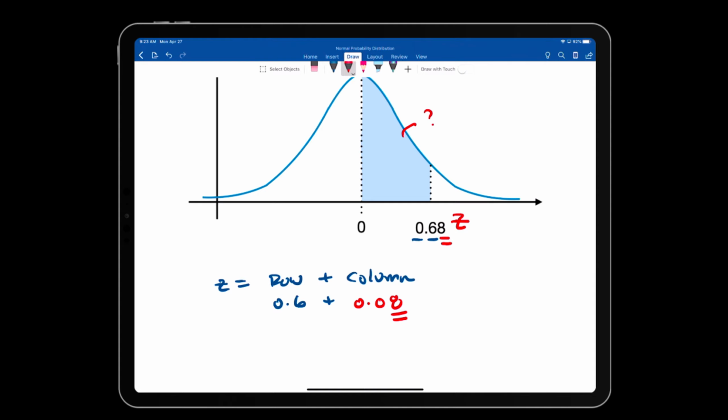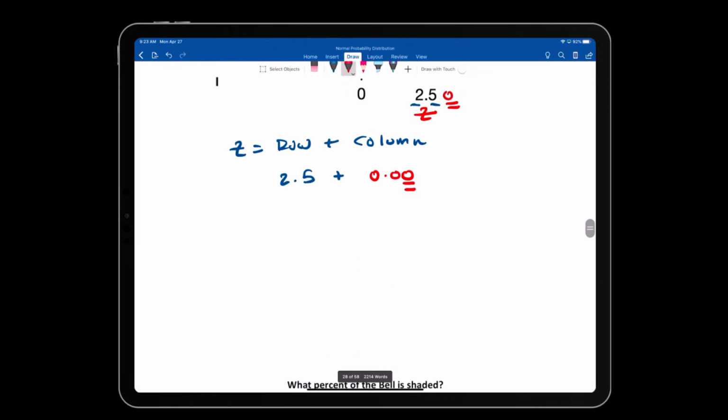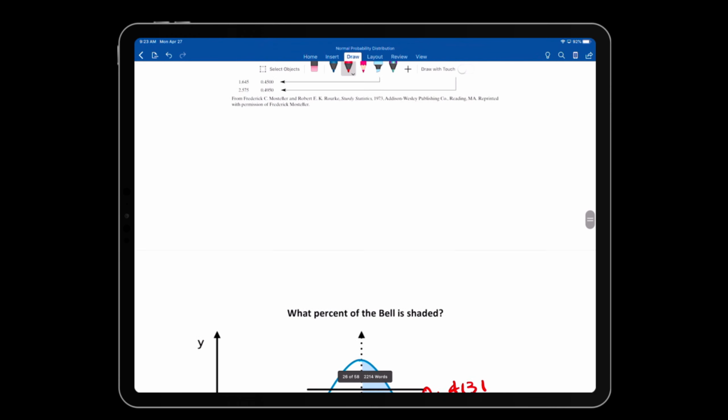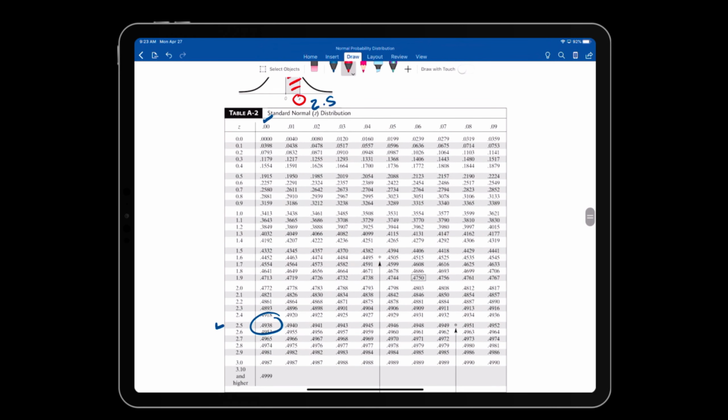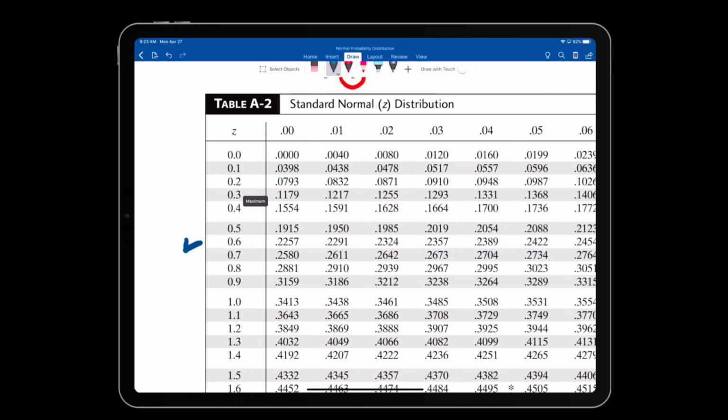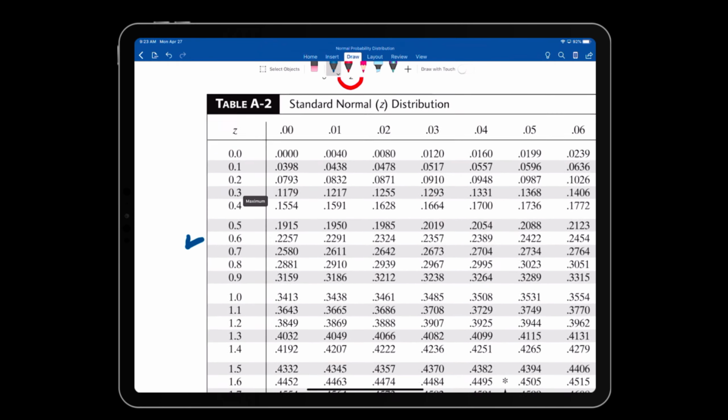So let's think. We need 0.6 row, 0.08 column. Go to the table. So we got to erase some things here. We need 0.6 row. You say, where's the 0.6 row? It's right here. 0.6 row.